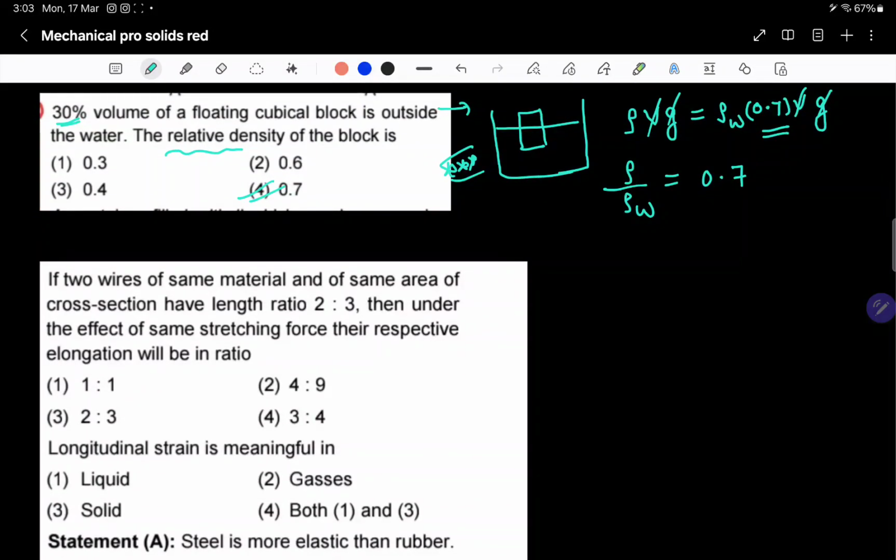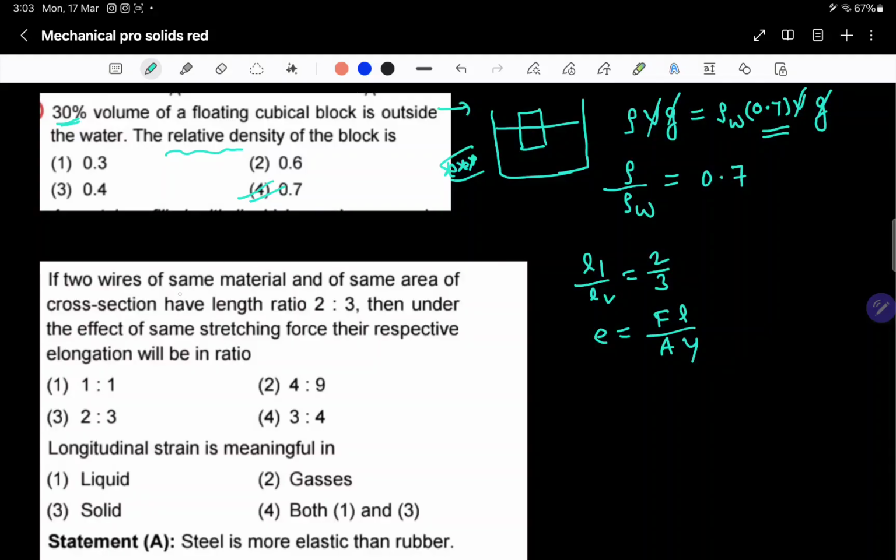Next, two wires of the same material and same area of cross section have length ratio 2:3. L1 by L2 is given as 2:3. Then under the effect of the same stretching force, find the respective elongation. E equals F L by A into Y, students.